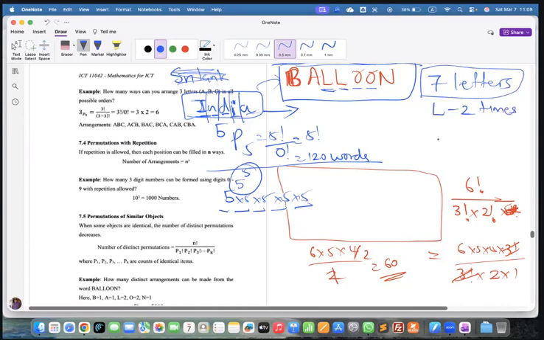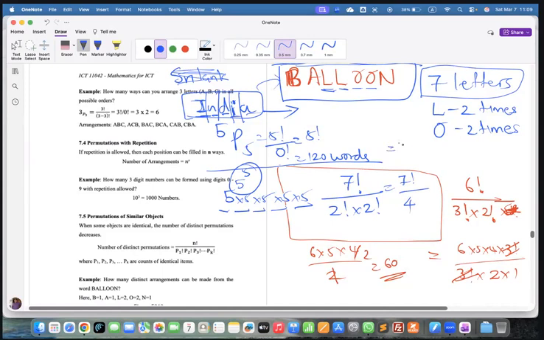L occurred 2 times, O occurred 2 times, right? So the equation says n factorial over 2 factorial into 2 factorial. N means altogether 7 letters, so 7 factorial divided by 2 factorial into 2 factorial, which is 2 into 2, 4.